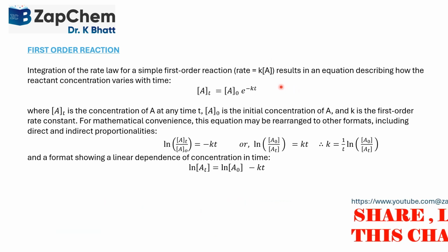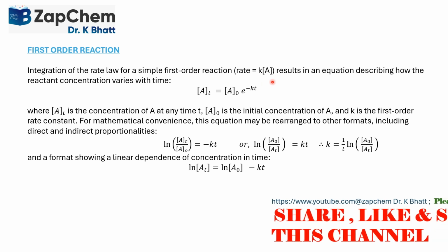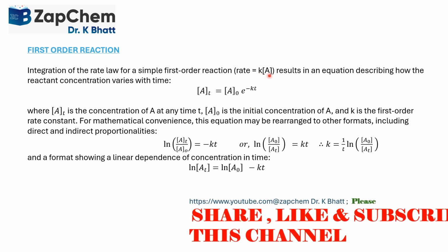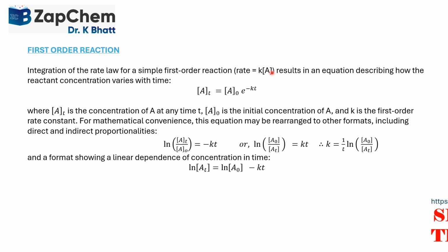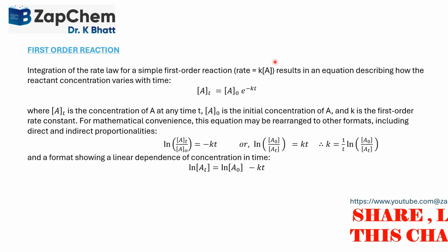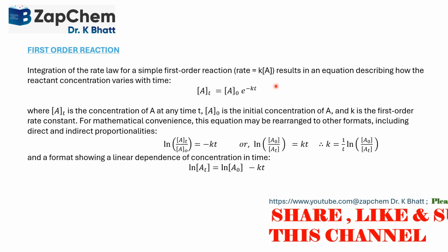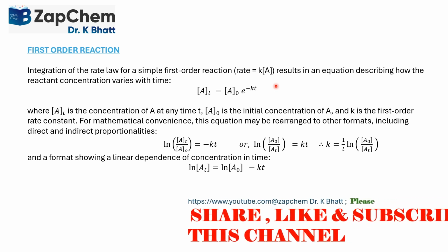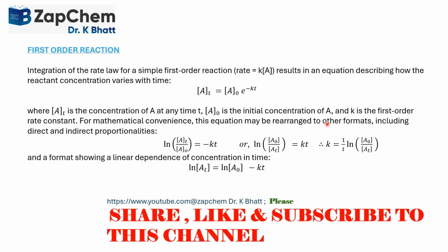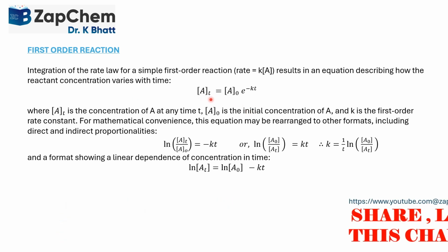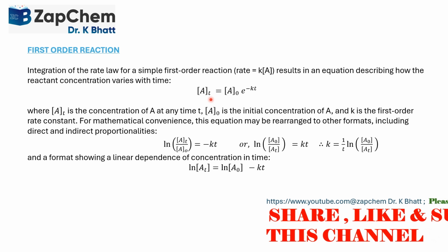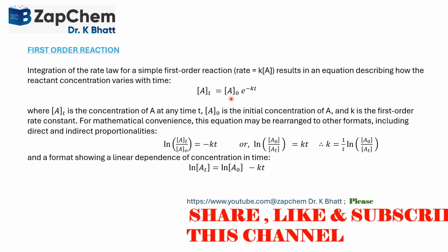Now, the power to which A is raised here in first order reaction is unity, or 1. Of course, we don't write 1 over here, and that represents the first order reaction. Now, this rate equation, the integrated rate equation for the first order reaction, can be represented in terms of exponential power.